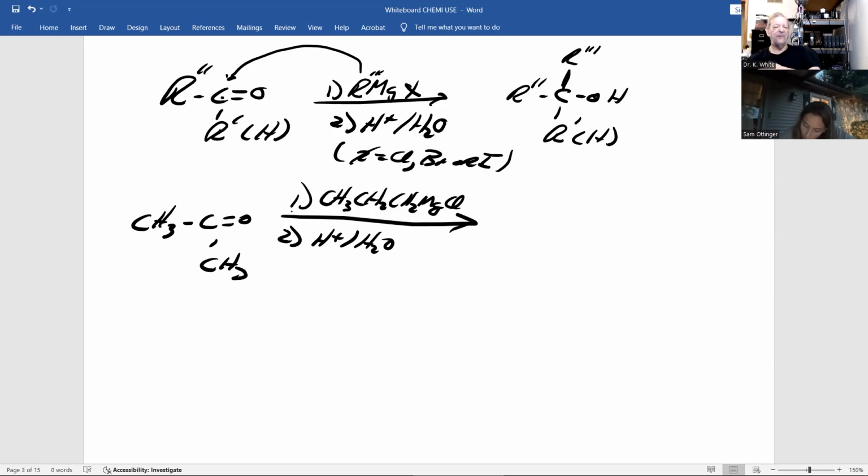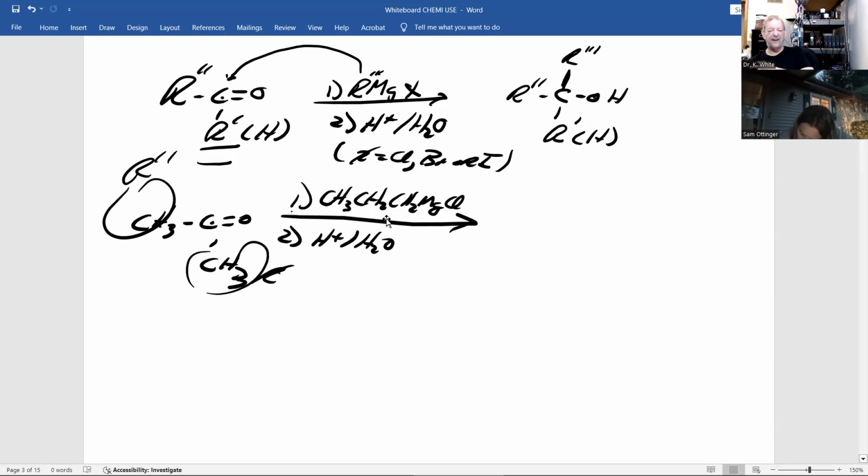And here, what do we have? A ketone. Could have been an aldehyde. I'll call this R prime and this R double prime. Over here, we have carbon, carbon, O, magnesium chloride. This is a Grignard. And this is my R triple prime.